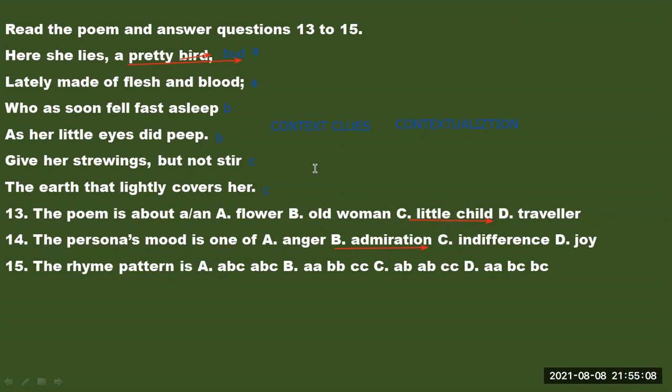Now, you need to understand how to analyze the rhyme pattern of a poem. And I want to teach you how to do that here, because many students fail as they do not have this literary skill. They do not have this knowledge of what to do.